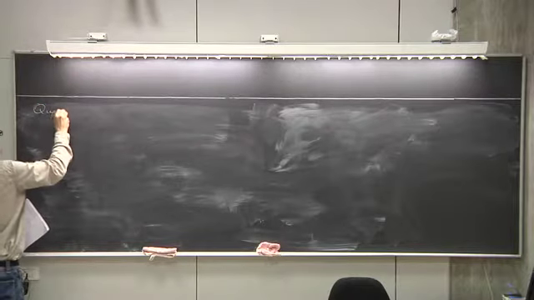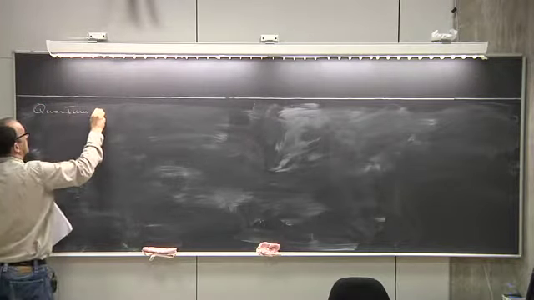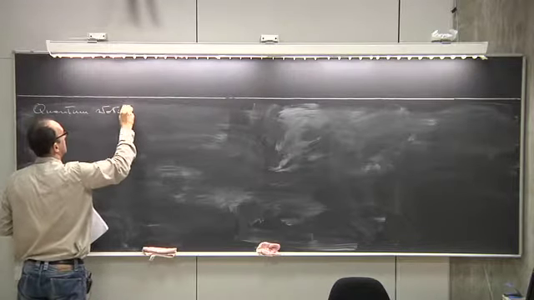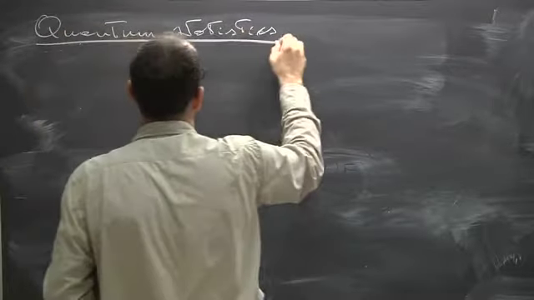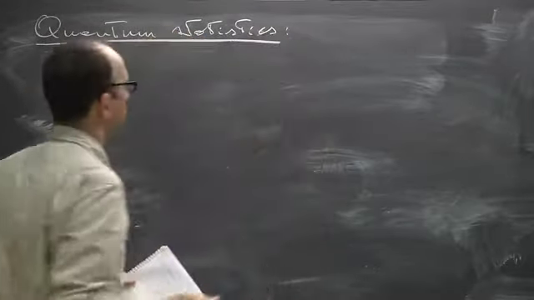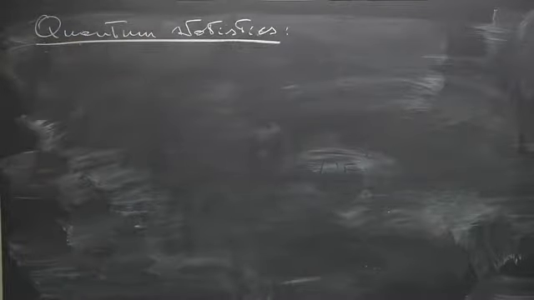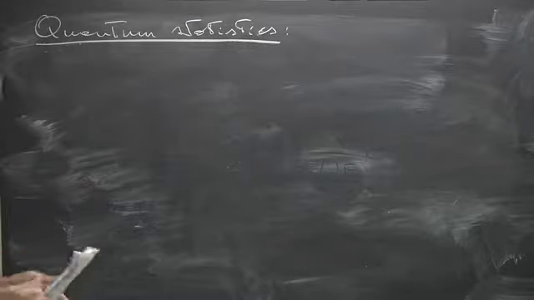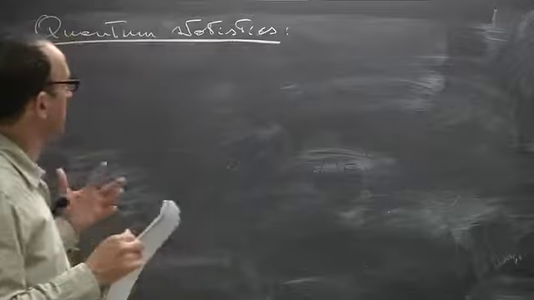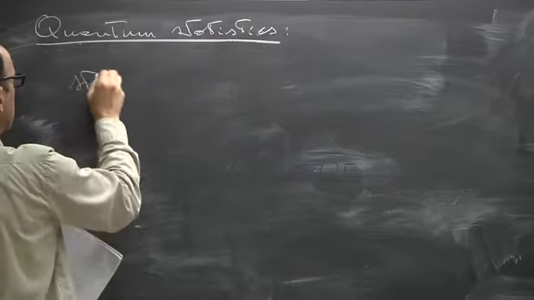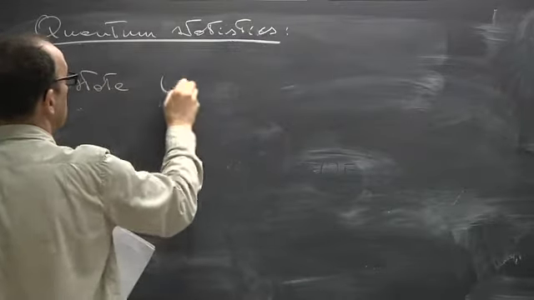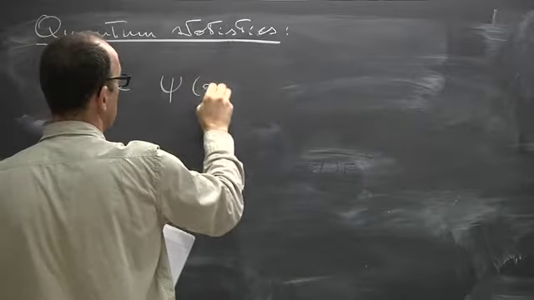Now imagine that we want to repeat all our derivation in the case of quantum mechanics, when we consider that our system is really quantum mechanical. So if it is quantum mechanical, then the state of our system is described by a wave function.